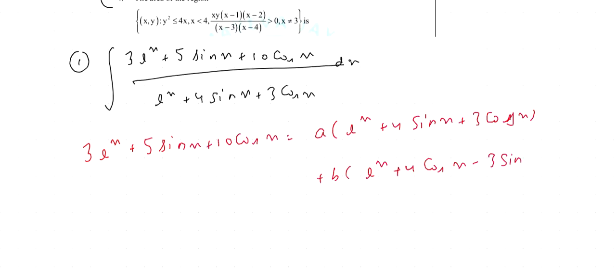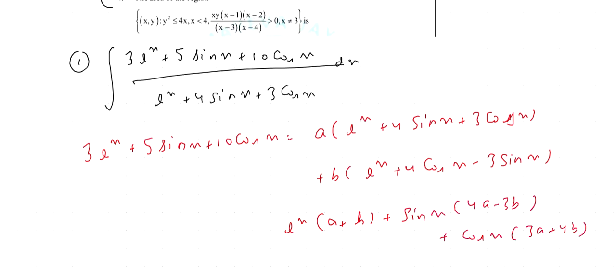So it will be e^x into (a + b), plus sin x into (4a - 3b), plus cos x into (3a + 4b). Wait a while, there is a slight mistake. Fine. So the sine term will be 4a - 3b.